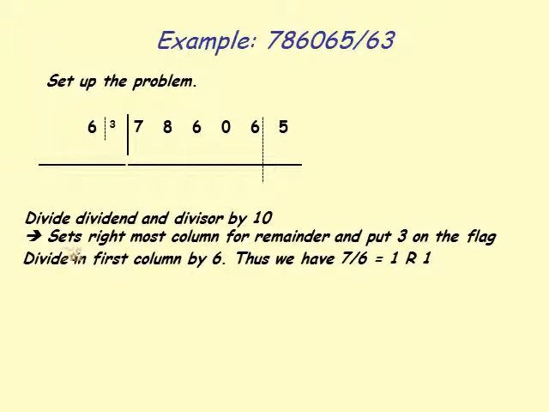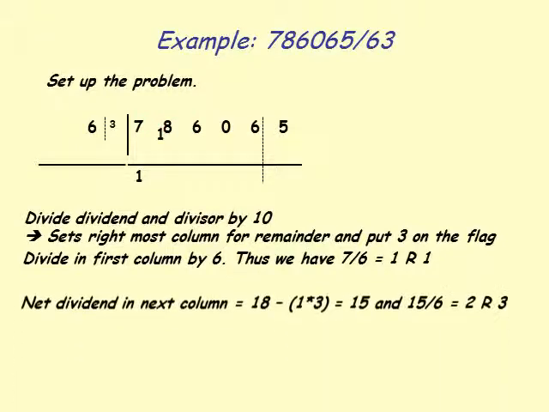Divide in the first column by 6. 7 divided by 6 is 1, remainder 1. This 1 is like 10 for the next column. So it's 10 plus 8, which is 18 in next column so far. That's my gross dividend here.